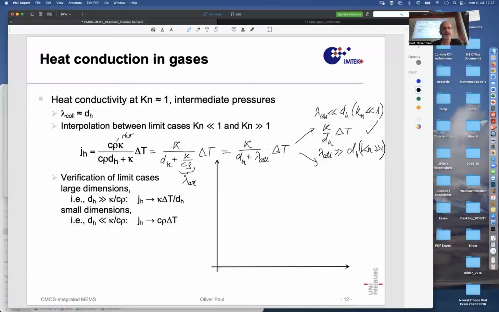And then we have kappa over C rho, which then can be simplified into C rho times delta T. So the two limit cases are reconstructed in both cases. And in the middle, it's kind of an appropriate mixture. You can also view this as a parallel formula. 1 over plus 1 over actually gives this result.